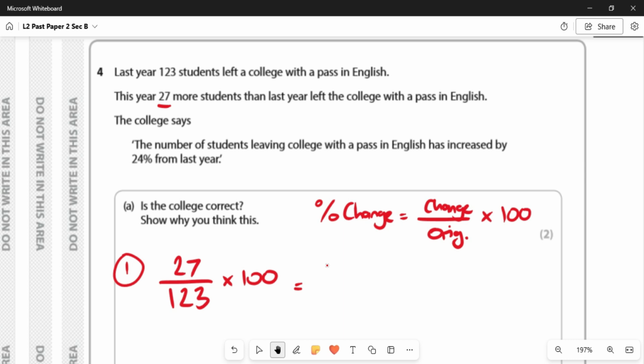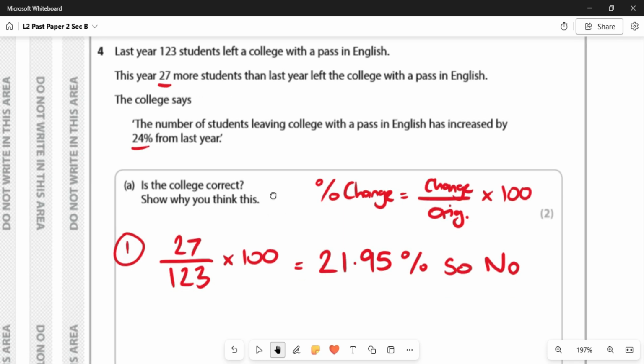So if you type that in your calculator, times by 100, as a decimal, looks like 21.95 roughly, and it goes on forever, percent. So they said it was increased by 24%. So obviously it's not increased by 24%, so that's a no. Yeah, because it's not the same as 24%, is it? So that's one way of doing it, using the percentage change formula.